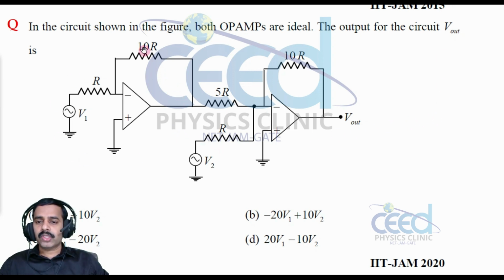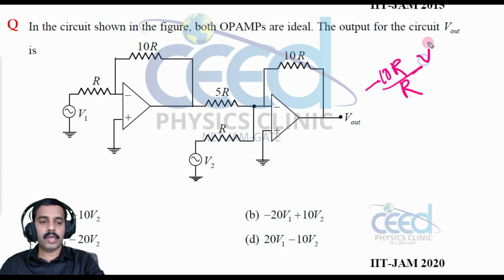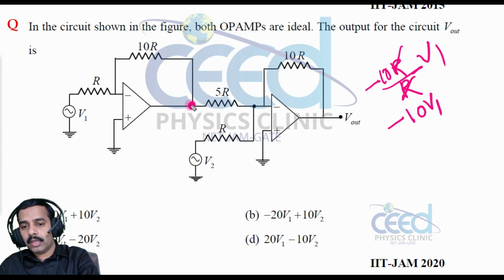Here the first operational amplifier has the input at the inverting terminal, so it is an inverting operational amplifier. So what is the output? Output is equal to minus 10R divided by R into input V1. So that is minus 10 V1, and that will be available here, minus 10 V1.